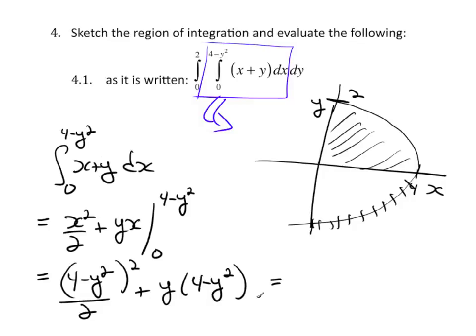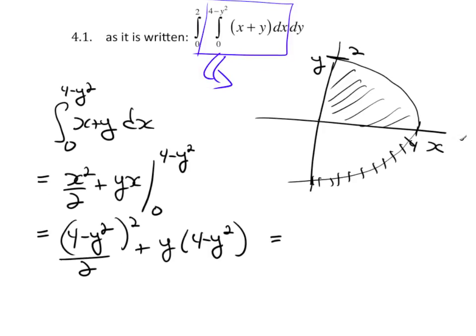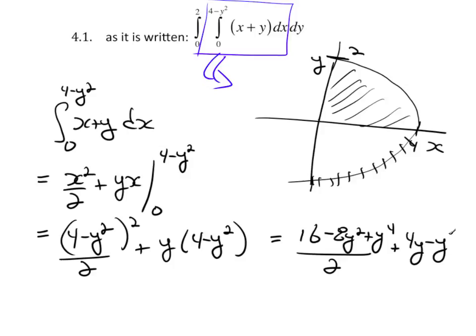So, you know, I should probably think about expanding this, simplifying. I mean, I need to take the integral of this, so it might be easier to do if I do some expanding and combining now rather than fiddling with it later. So what is this going to be? This is going to be 16 minus 8y squared plus y to the 4th over 2 plus 4y minus y cubed.